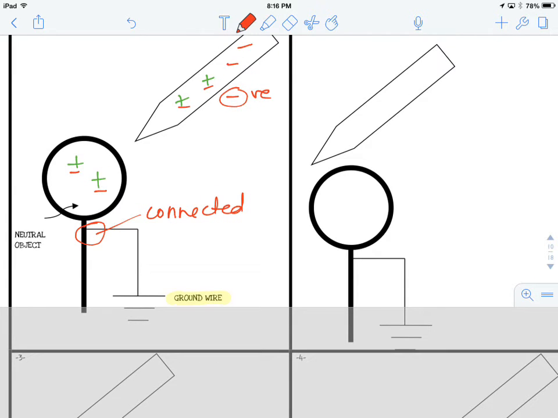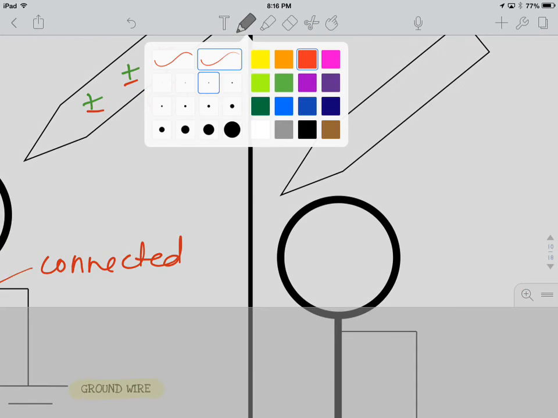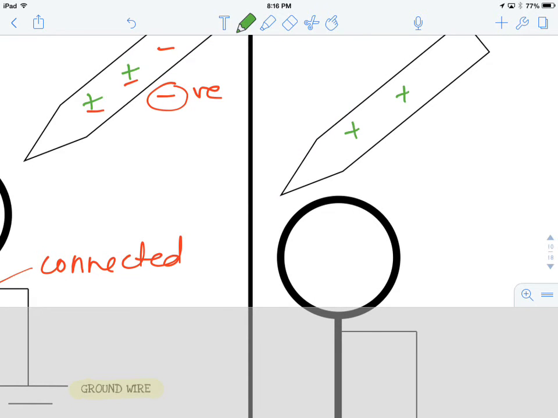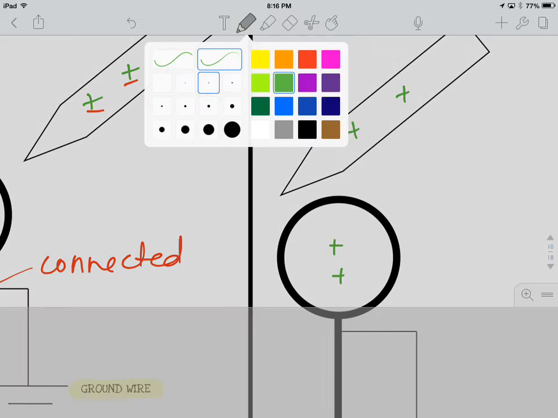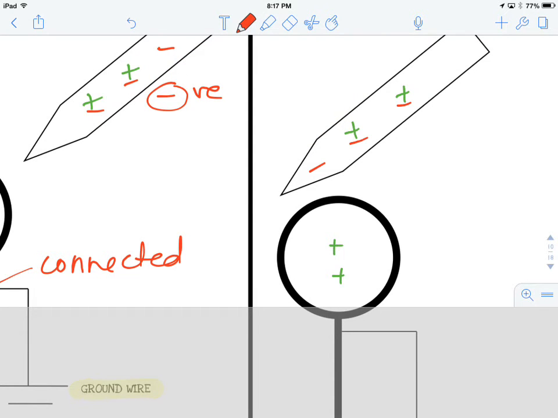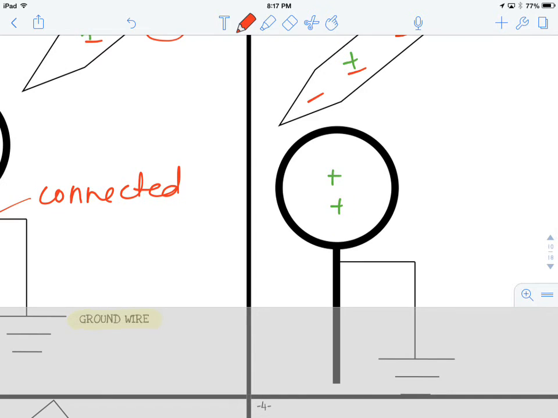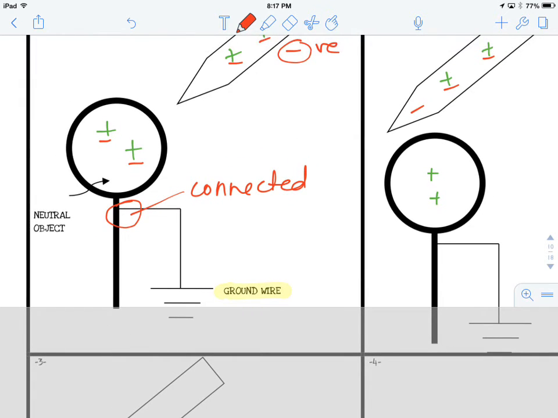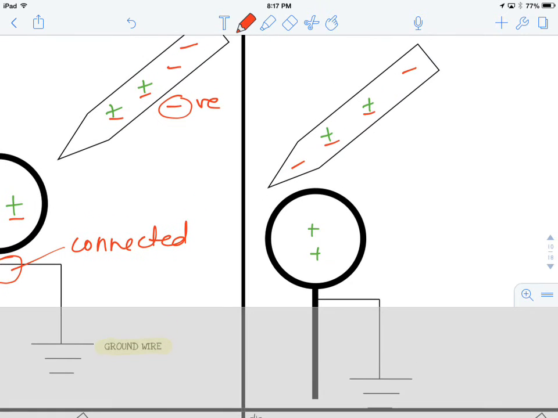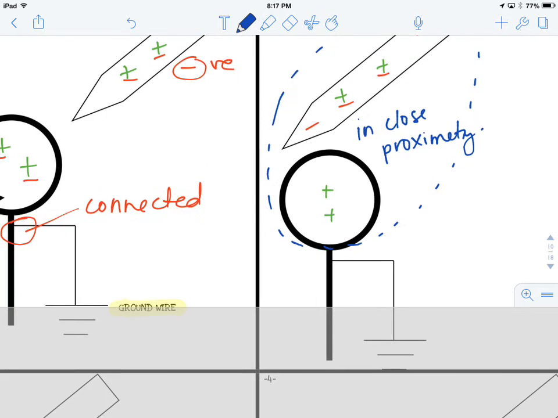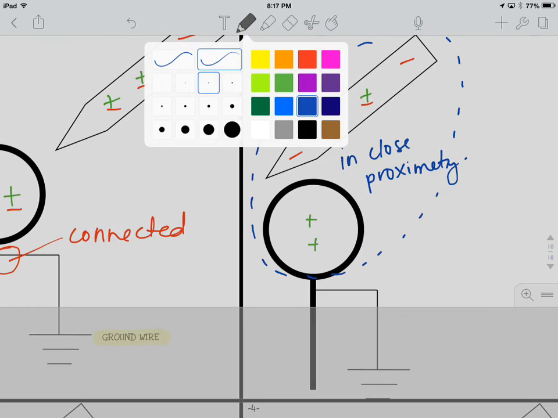So what happens then? Well, we know that our positives don't move. And so here we have a negative rod, and we had a neutral object, and when we bring these things close together, when these are in close proximity, all of a sudden now we've got too many electrons.